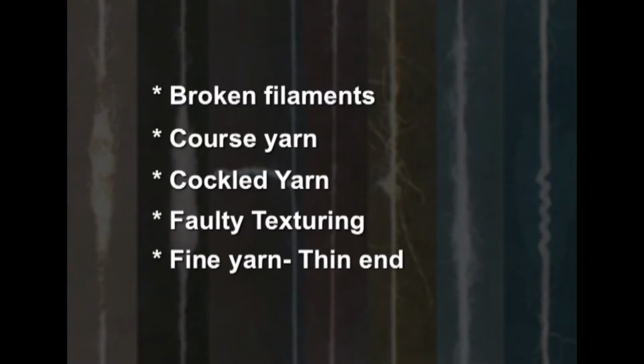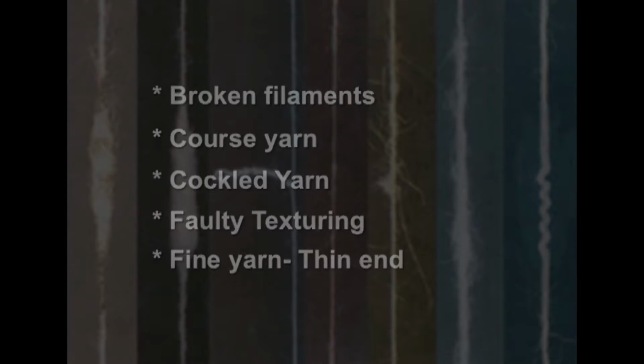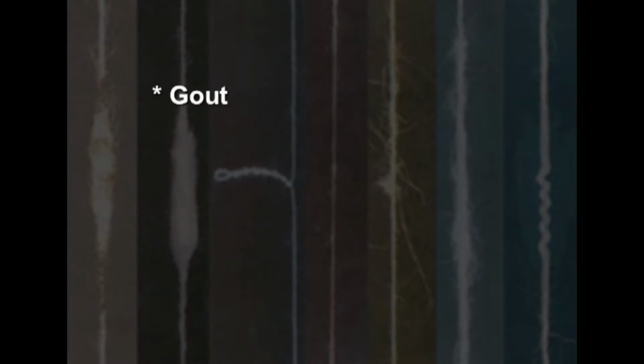Fine yarn, or thin end, is a yarn whose thickness is unacceptably less than that of the adjacent yarns. Gout means a lumpy, asymmetrical fault in the yarn, especially in spun yarn in a fabric.